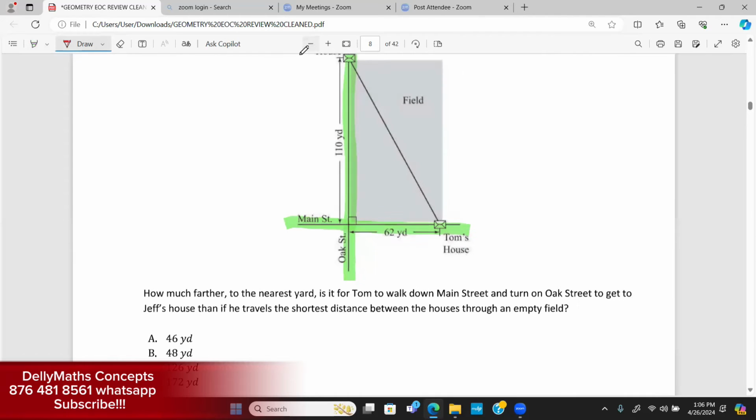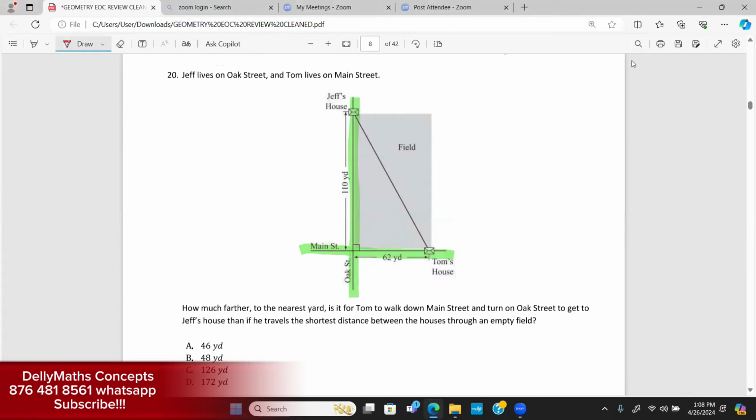So the question says, how much further, to the nearest yard, is it for Tom to walk down Main Street and turn on Oak Street to get to Jeff's house than if he traveled the shortest distance between houses through the empty field.